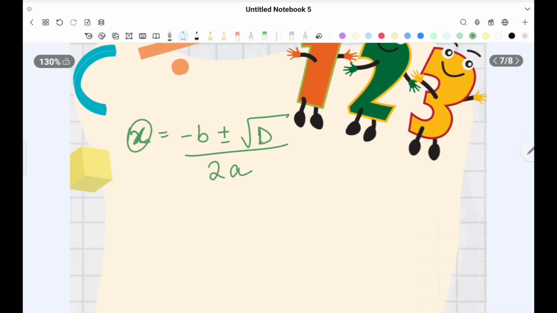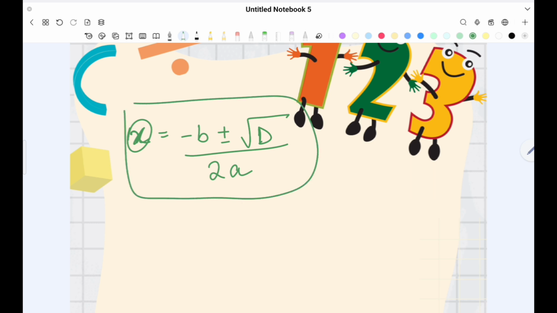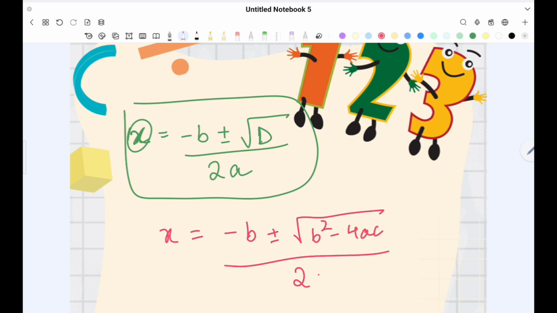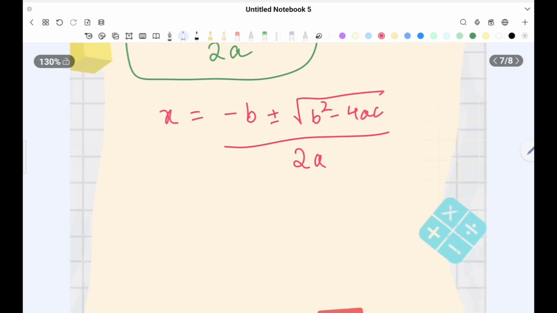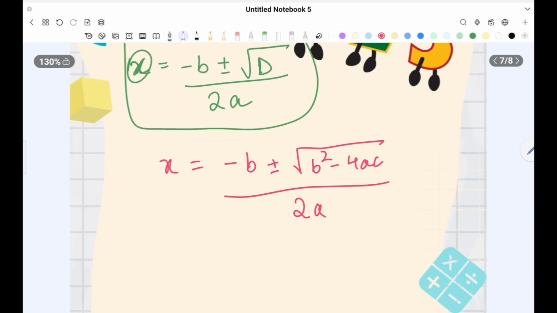I have given you the compressed formula, but in your books they have given only the expanded formula, x is equal to minus b plus minus under root b square minus 4ac upon 2a. You can use any formula, but according to me it is convenient to solve D first and then put its value here.